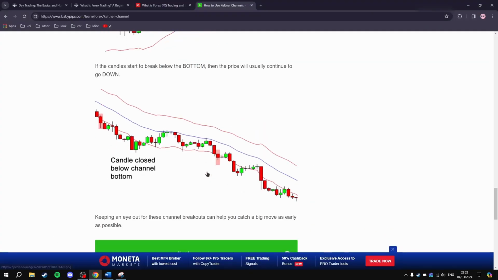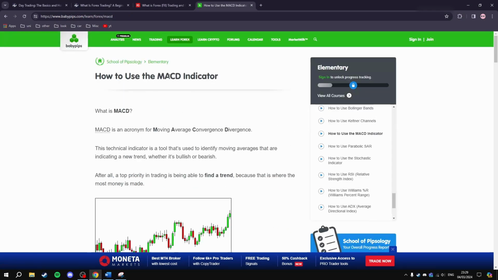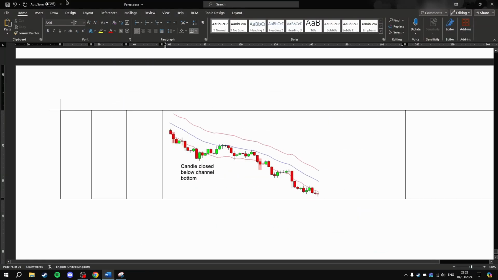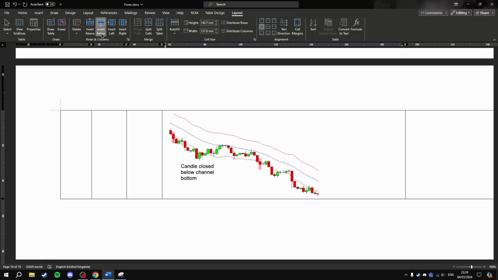Okay, next one. How to use the MACD indicator.